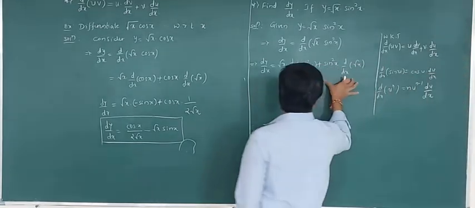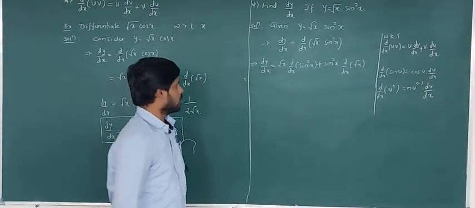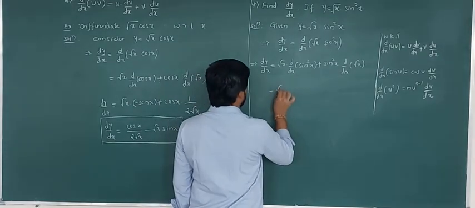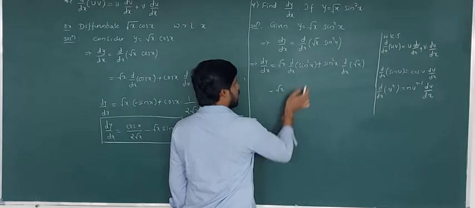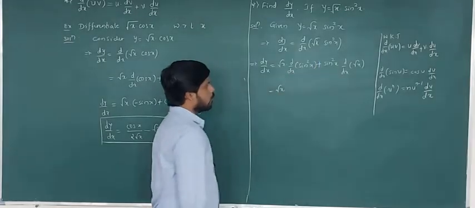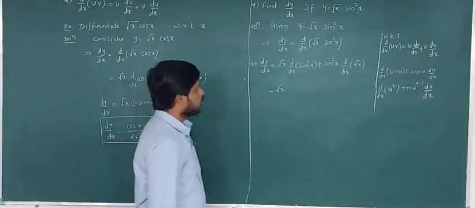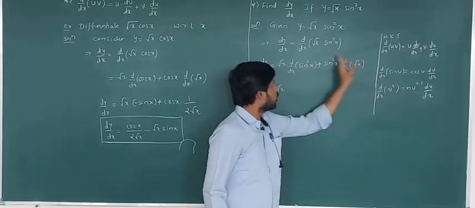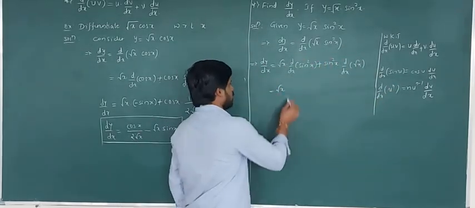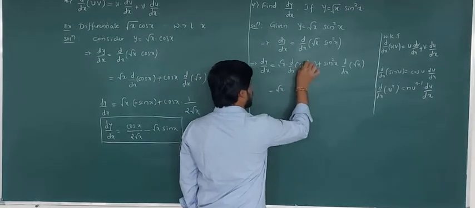The first formula we have applied. Second, here root x as it is. Here, it is in the form of u to the power n, where u equal to sin x and n equal to 2. So we get d by dx of sin square x.